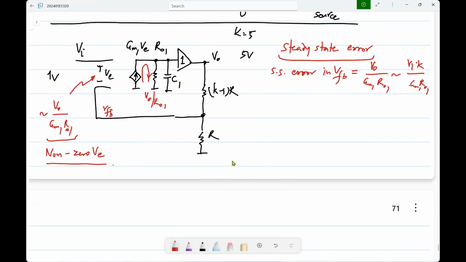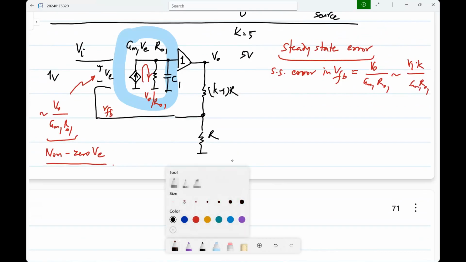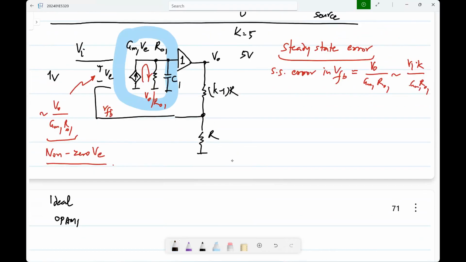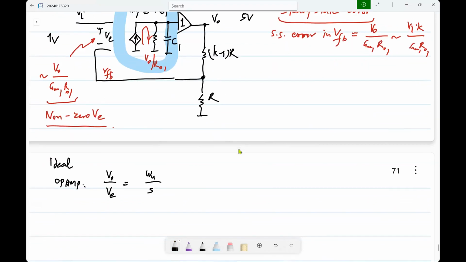What is the closed loop transfer function? Now if you call this the Opamp, including that resistance, ideally the Opamp's transfer function V naught by VE was omega u by S. So what will it be now with this?